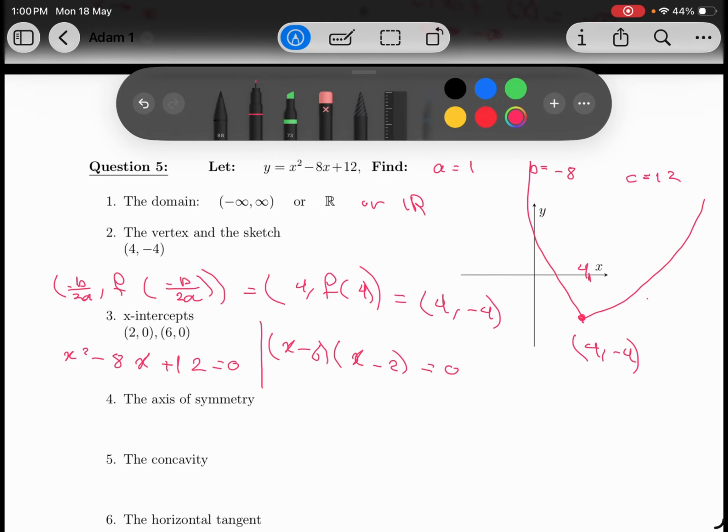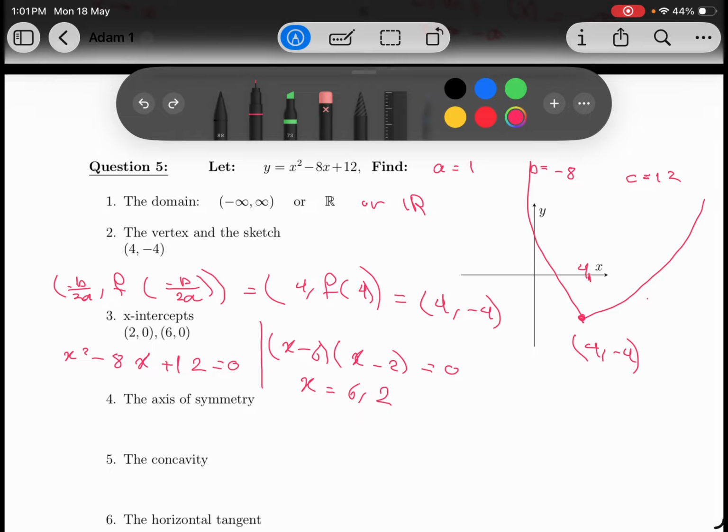So we have 2 x-intercepts. So when x equals 6 or 2, that's why we have these 6 and 0, 2 and 0. Okay, so 2 points or 2 x-intercepts are there for this function.